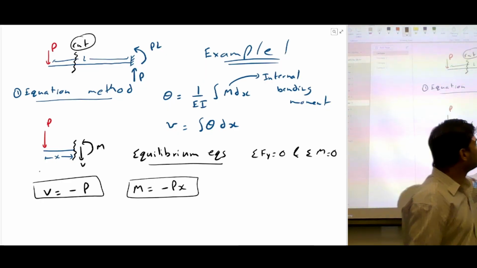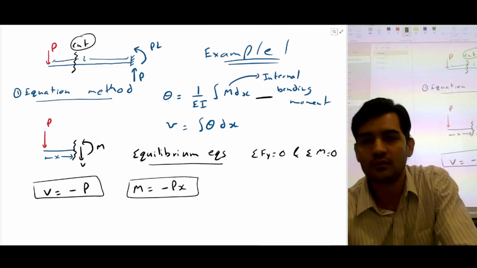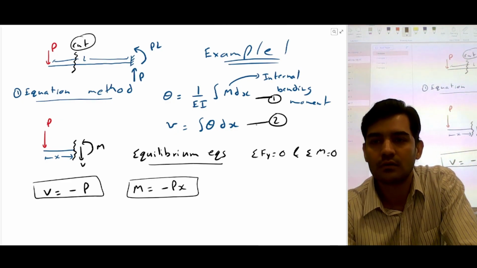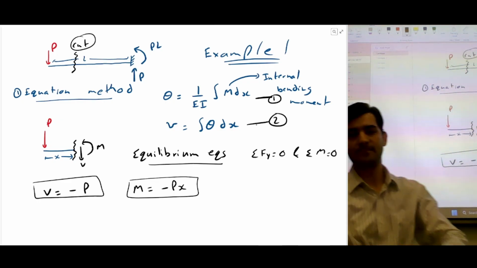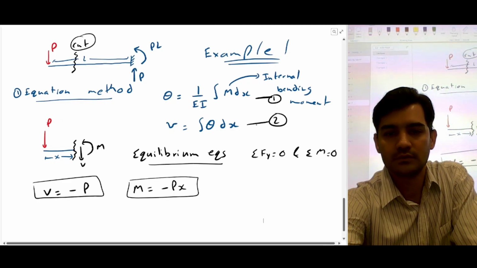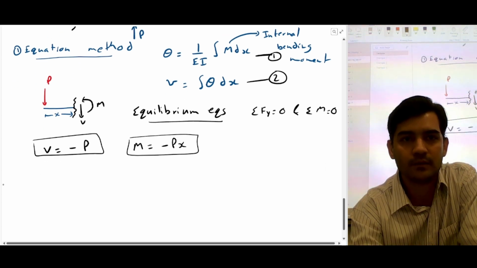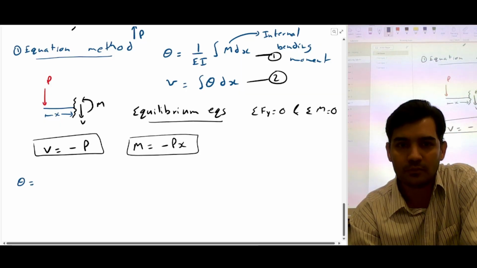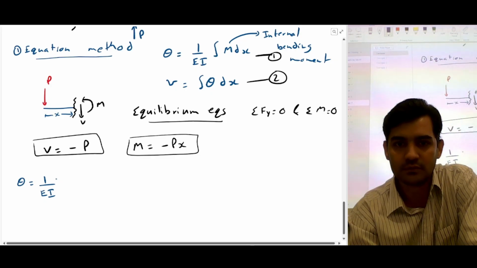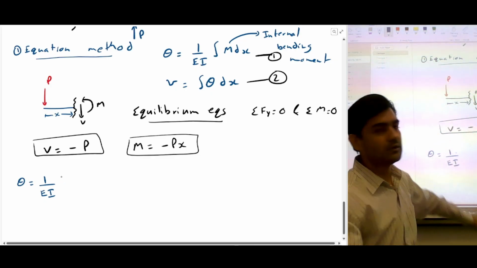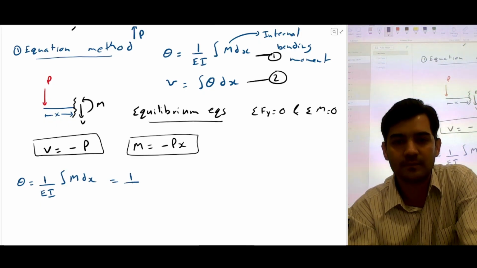Now that you have M, you can use equation 1 to calculate the bending angle. We know the bending angle is 1 over EI integration of moment dx.